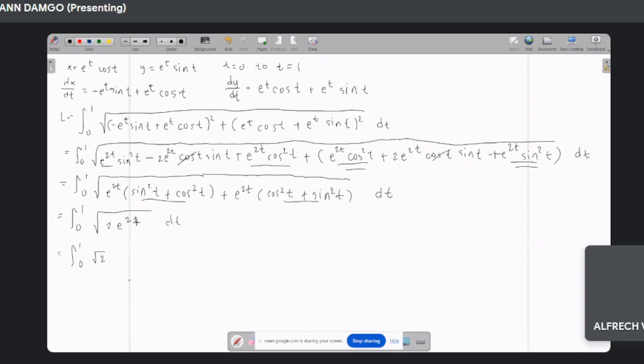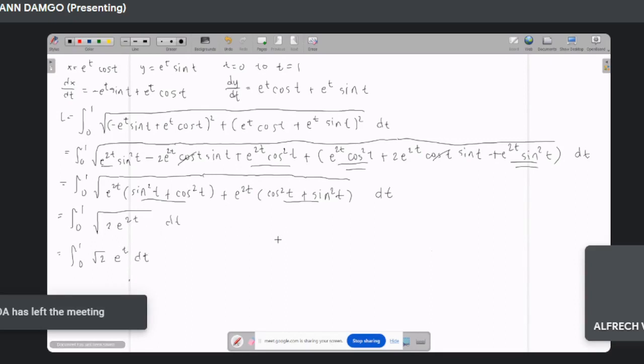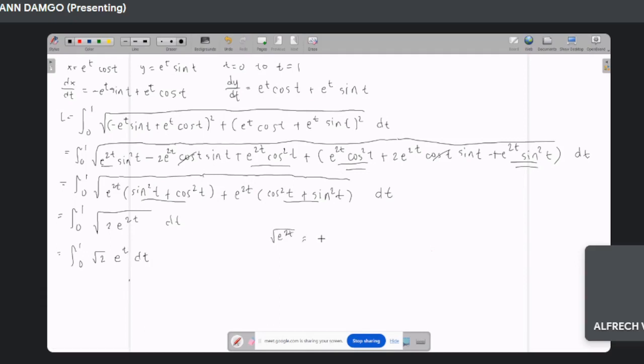And then the square root of e to the 2t is e to the t dt. Pwede nyo siya na to i-write as the square root of e to the t to the power of 2. Okay, in which this is equal to e to the t.